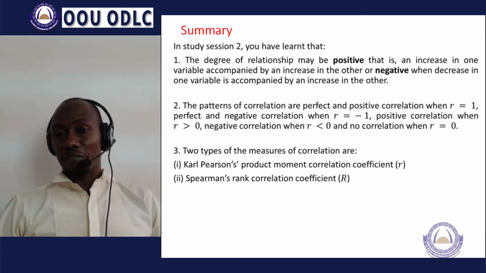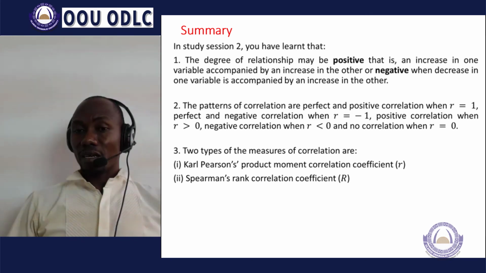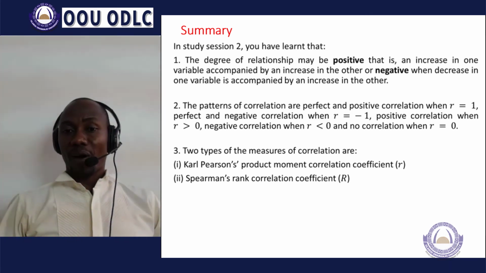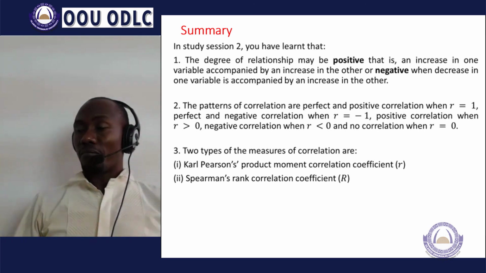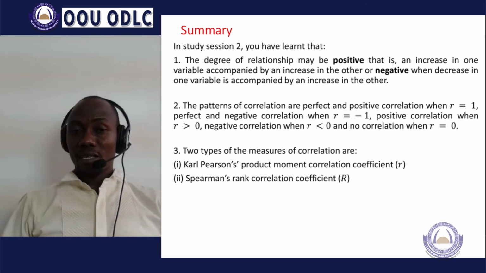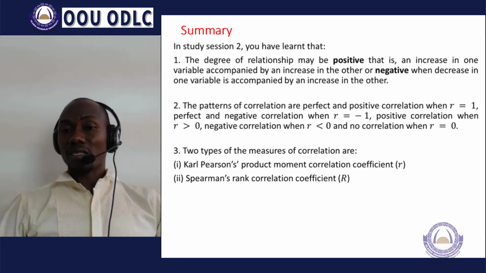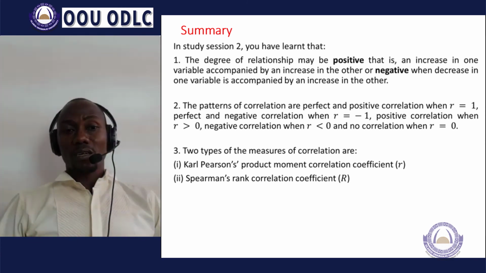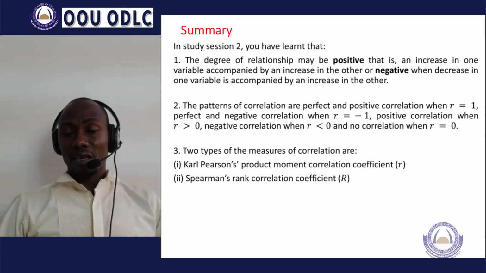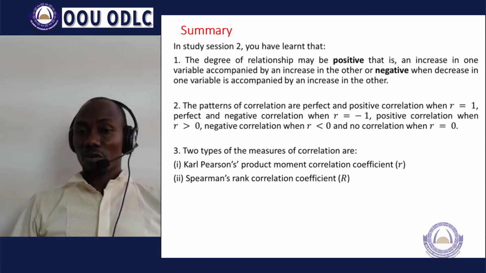The value of the correlation coefficient lies between +1 and -1 inclusively. It is +1 when it is a perfect positive correlation, and -1 when it is a perfect negative correlation. It is 0 when there is no correlation at all, greater than 0 when there is positive correlation, and less than 0 when there is negative correlation.